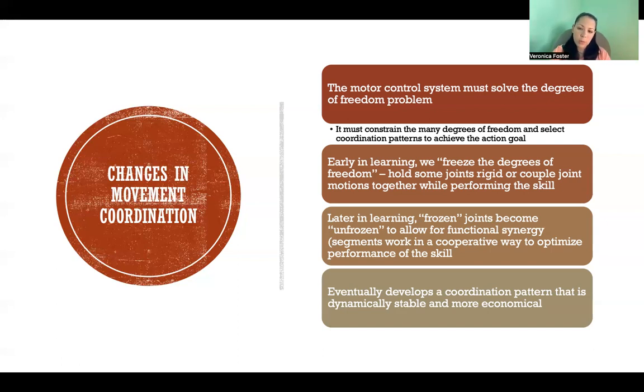Eventually we develop a coordination pattern that's dynamically stable and more economical. In the beginning, it's not very economical to freeze certain joints and not use certain muscles, or overuse different muscles that maybe we shouldn't be using at all, but that's what's required to freeze the degrees of freedom. Over time, we learn how to do it correctly and more economically.